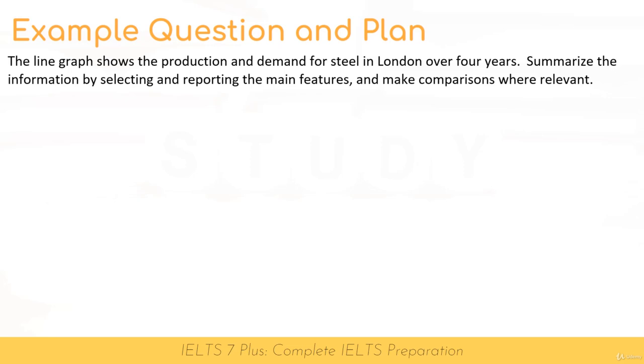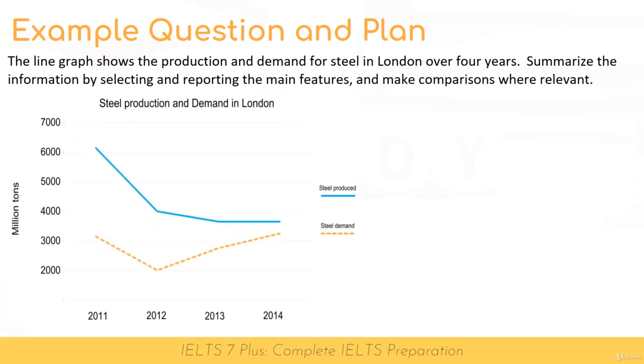The line graph shows the production and demand for steel in London over 4 years. Summarise the information by selecting and reporting the main features and make comparisons where relevant. So here is our line graph. Let's take a look at the data shown to us, again starting with the title.